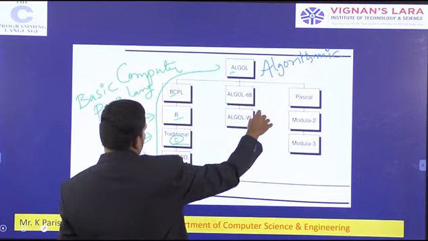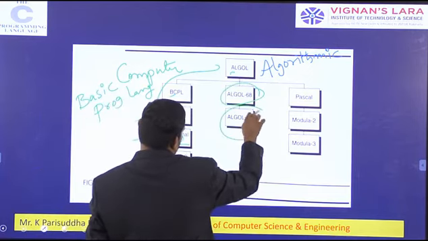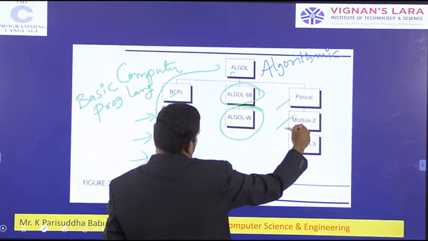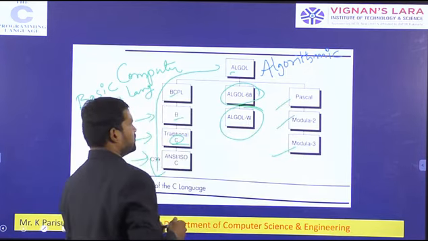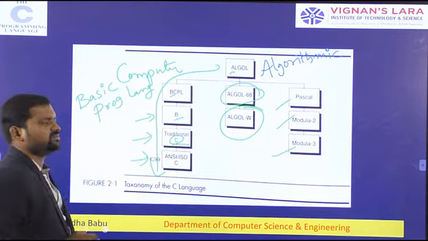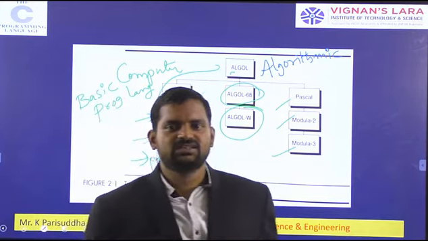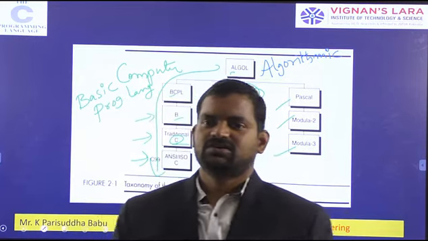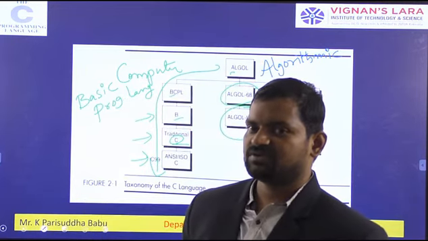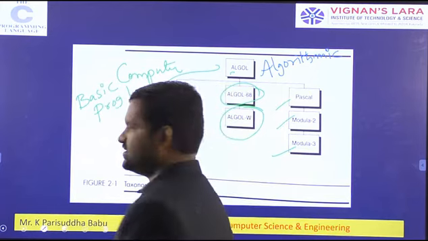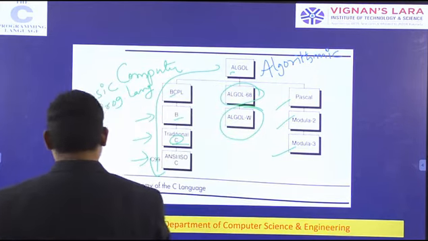After ALGOL came ALGOL 68, ALGOL W, Pascal, Modula-2, Modula-3. Likewise, each and every year there may be many changes or additional features added to the existing ones.